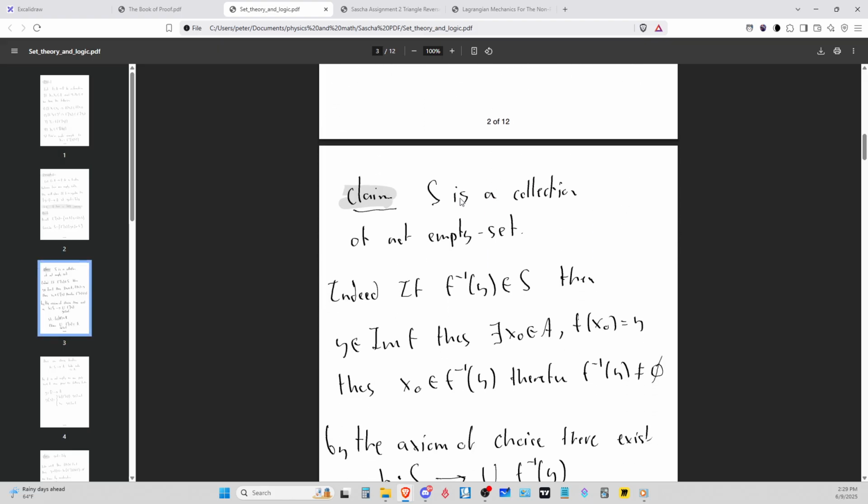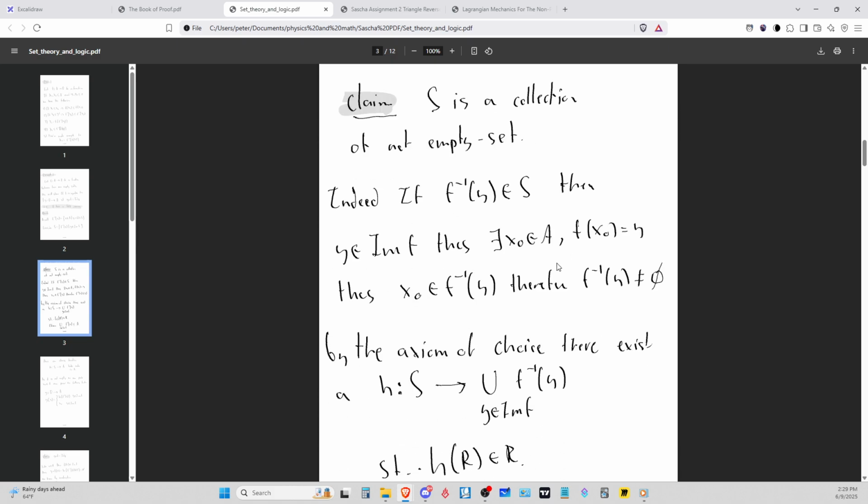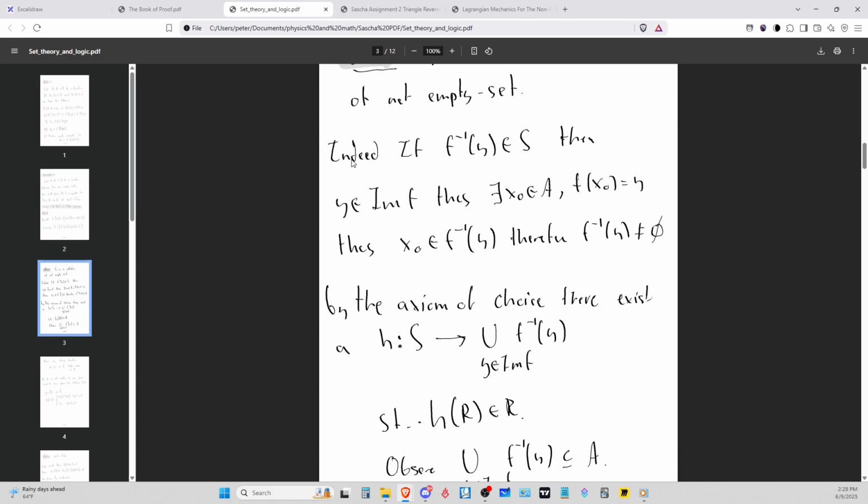Okay. The claim is a collection of non-empty sets. f of the inverse of y is the image of f.